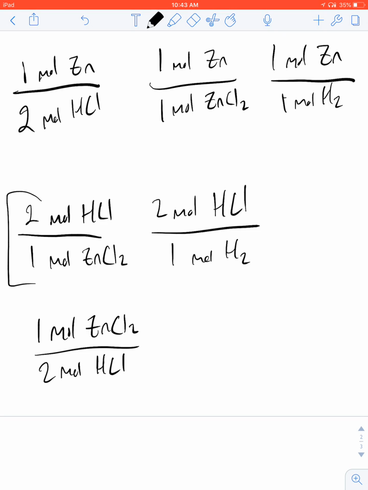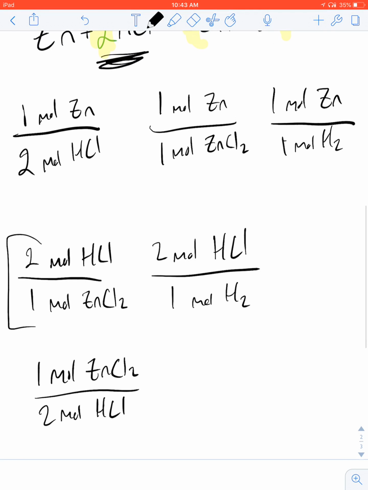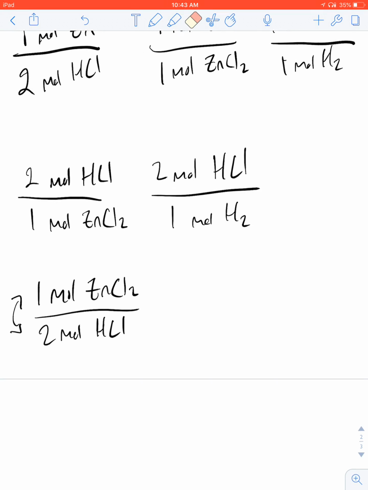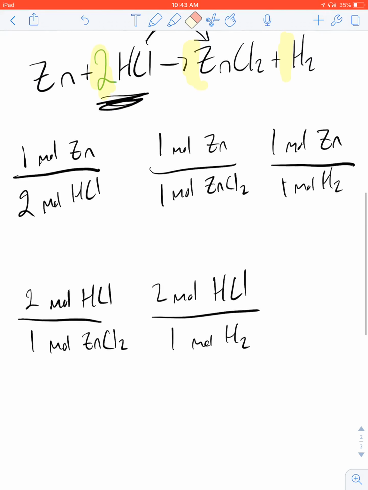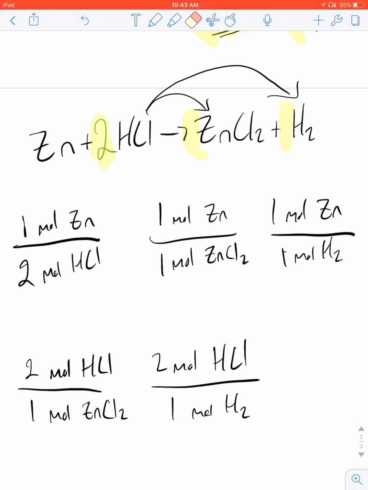So technically you can double the amount of mole ratios that we have if you rewrite them in that flipped version. And we're going to learn why you want to flip those today. It's going to be for us to use our dimensional analysis to convert units to the units that we desire in any given problem. But we'll learn that in just a bit. Just finishing off here, we have one more ratio to make between zinc chloride and hydrogen gas.